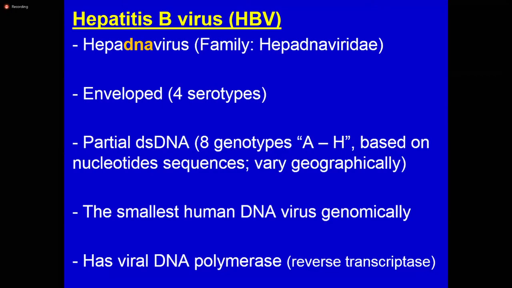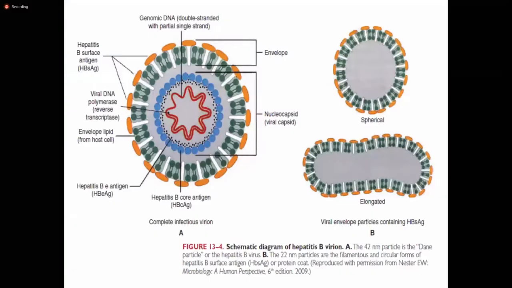So DNA polymerase, which is reverse transcriptase. This picture is very important, and one of the important things that it will keep with you for a long time, because the clinical practice about hepatitis viruses, especially B, depends on this diagram. I will explain it to you.